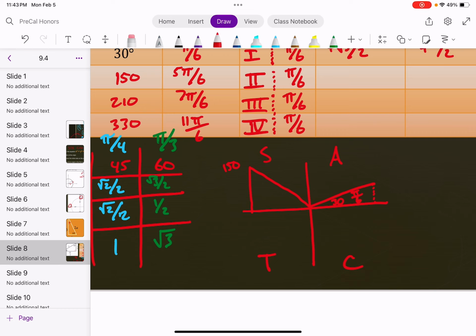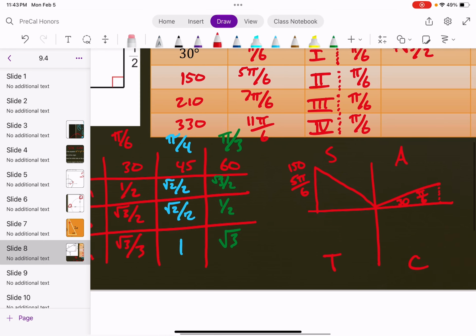Now, understanding how to go from 150 to 5 pi over 6 is extremely important. First thing we're going to do is figure out what our reference angle is going to be. Now, if we know that 150 is the same as 5 pi over 6, 1 pi over 6 would actually be our reference angle.